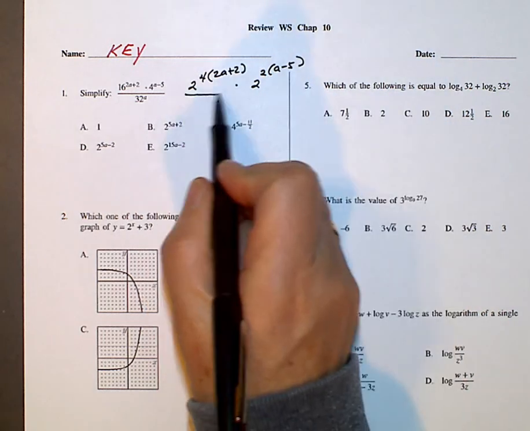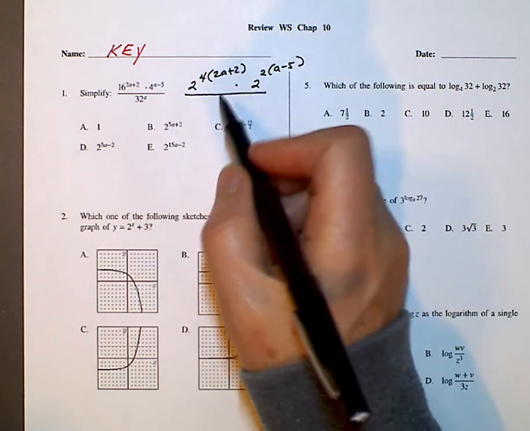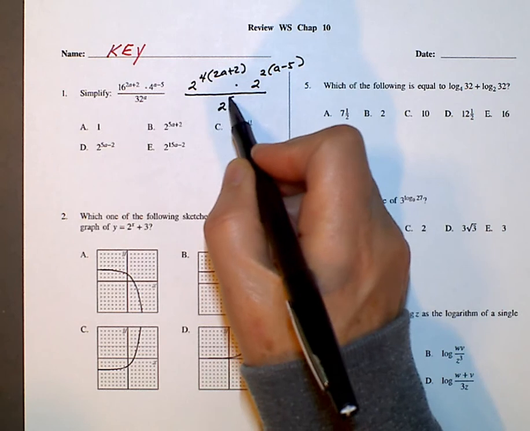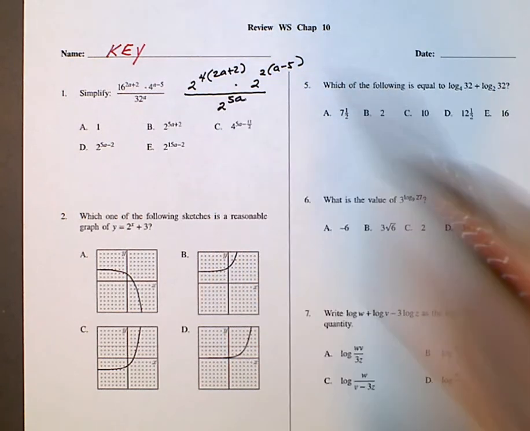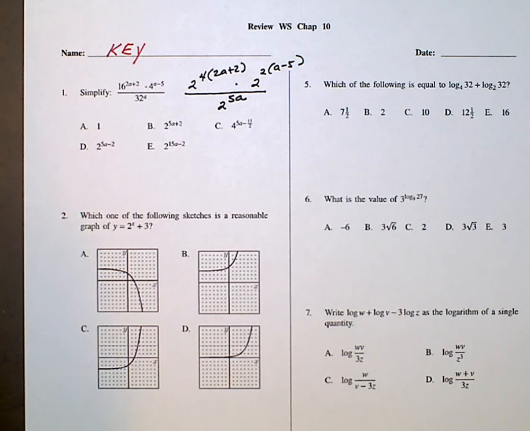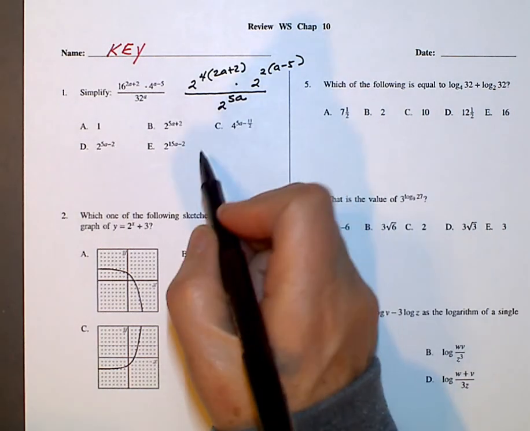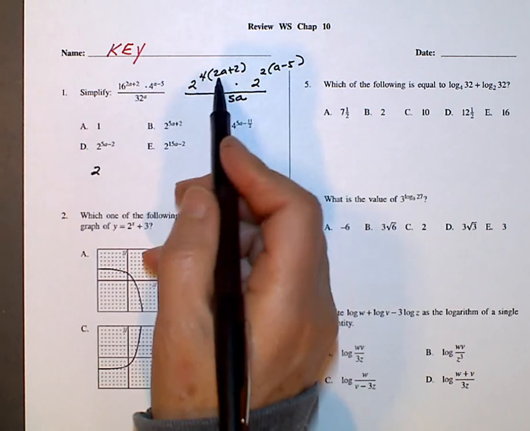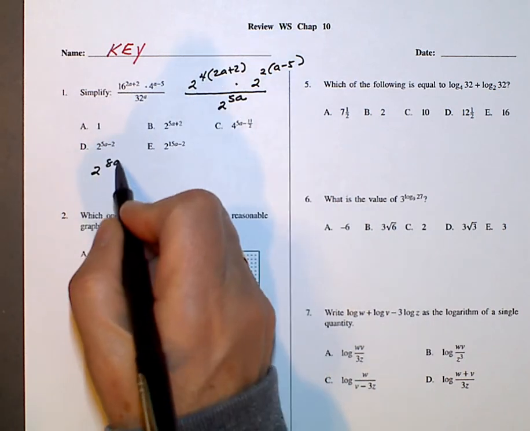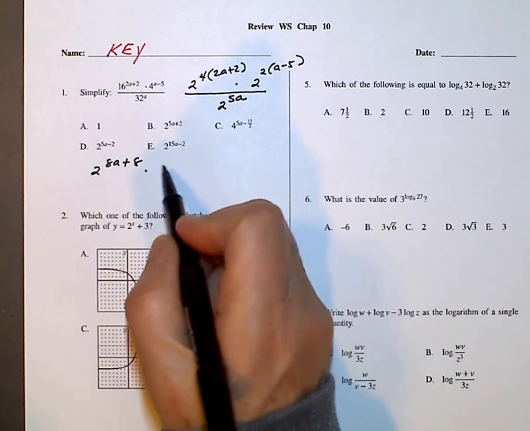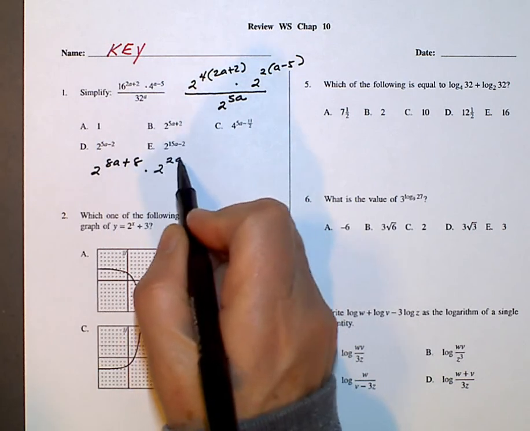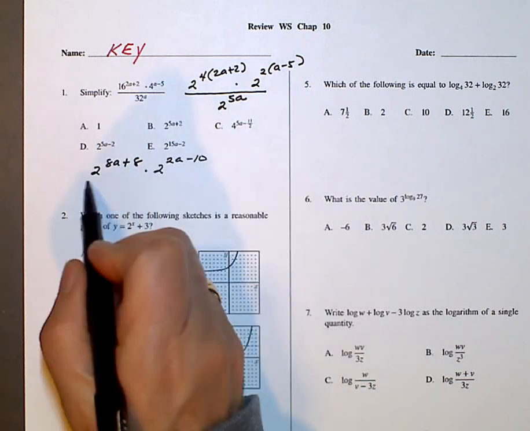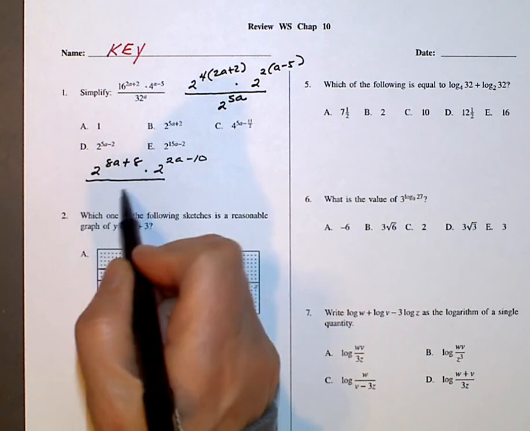And that's all over 32 to the a, so that's 2 to the 5th, and being raised to the a power. So if I continue to simplify down here, we'll have 2 to the 8a plus 8 times 2 to the 2a minus 10 over 2 to the 5a.